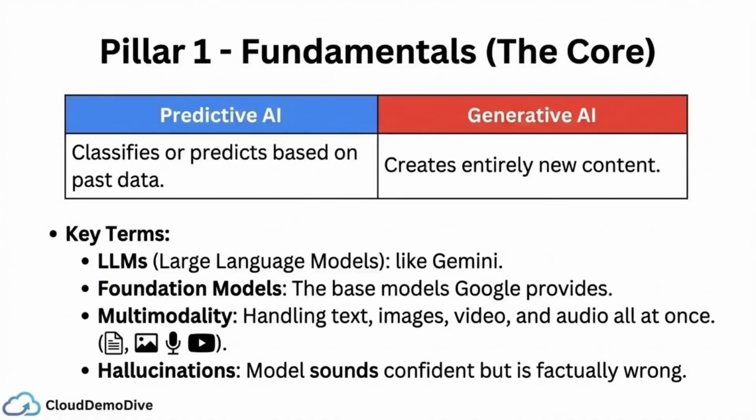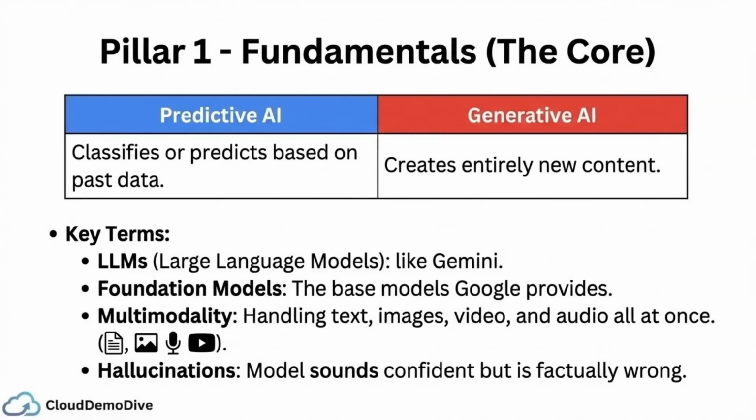You must know the difference between predictive AI and generative AI. Predictive AI basically classifies or predicts based on past data, but generative AI creates entirely new content using LLMs and so on. In this you can see some key terms like LLMs, large language models like Gemini, foundation models which Google provides, and multimodality, which is coming into 2026 and will grow more, which can handle text, images, videos, and audio all at once.